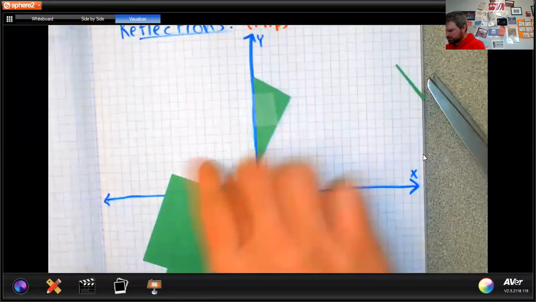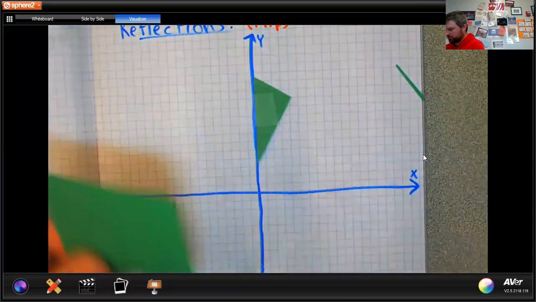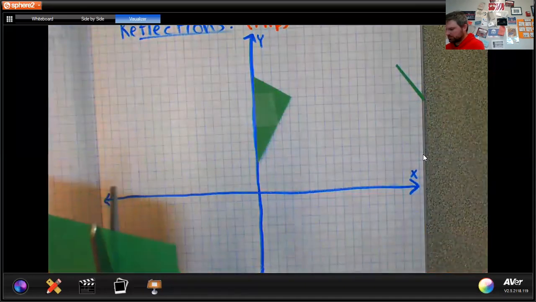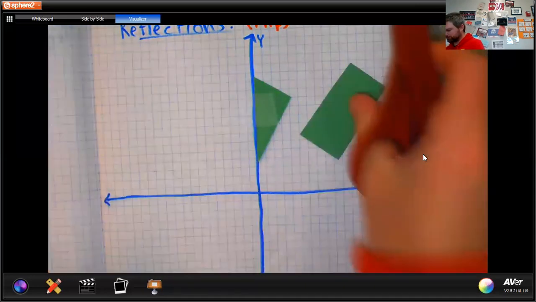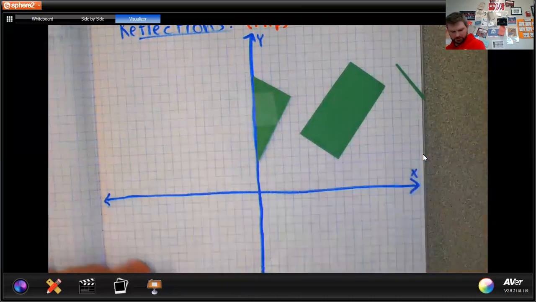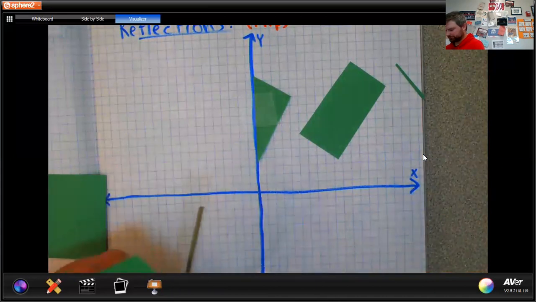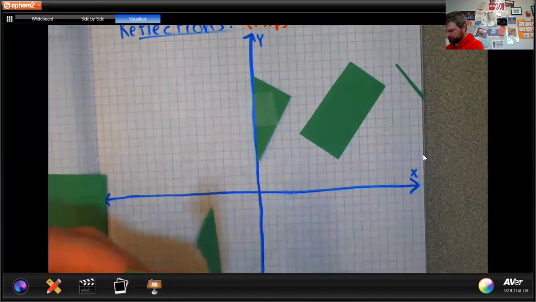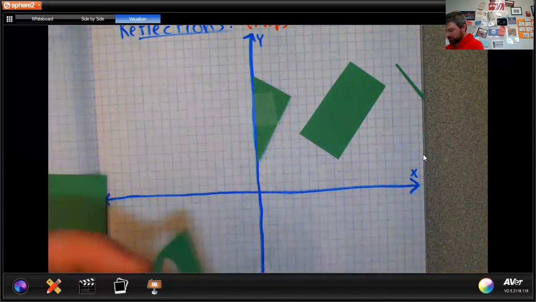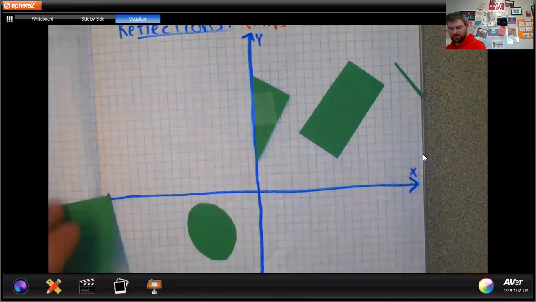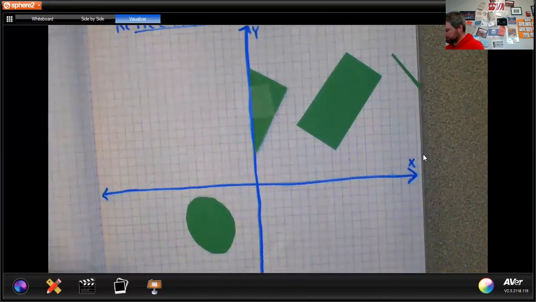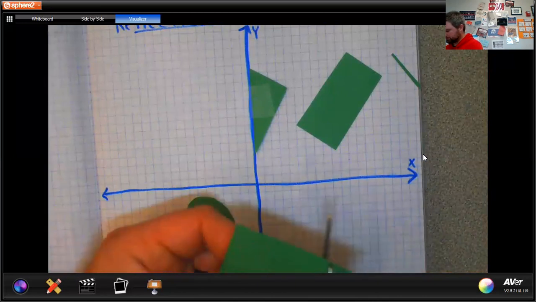The next one I'm going to do is cut a rectangle, which should be pretty easy. We'll leave that one there. I'm going to cut an oval, or some curved looking shape. And the last one I'm going to cut is a trapezoid.